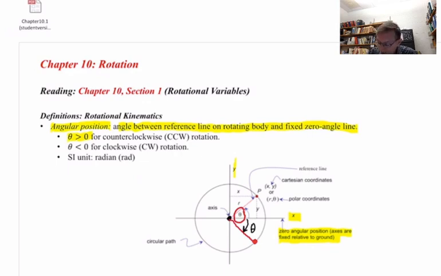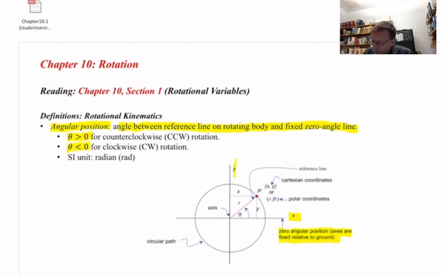So by convention, that's a negative value for theta. Theta is positive if it is measured counterclockwise from plus x, and negative if measured clockwise.